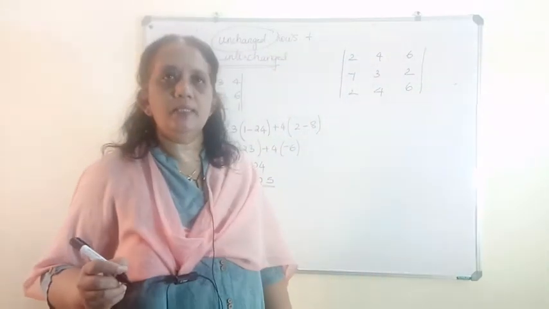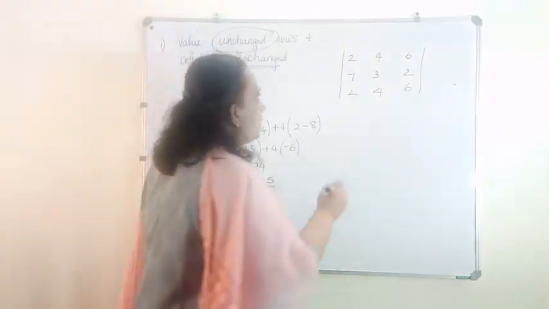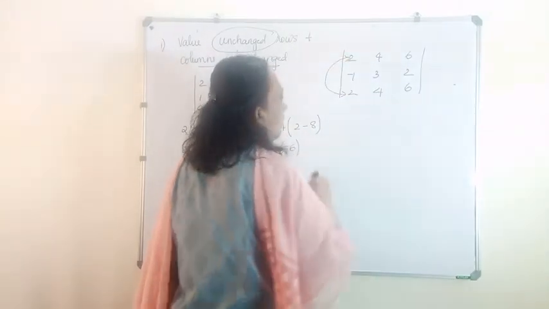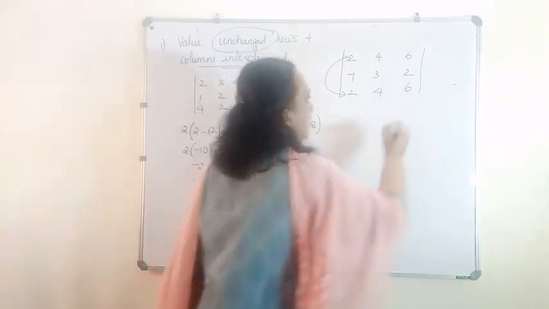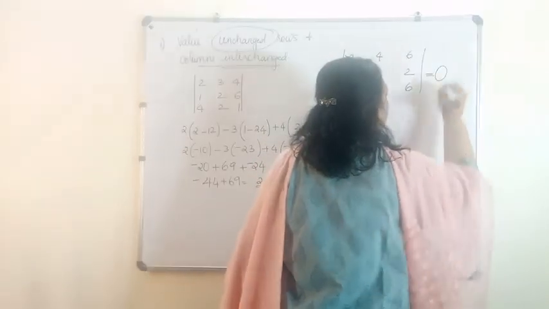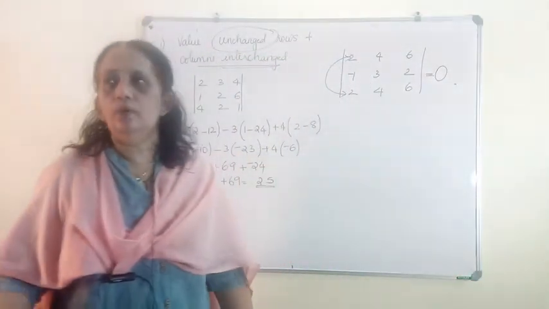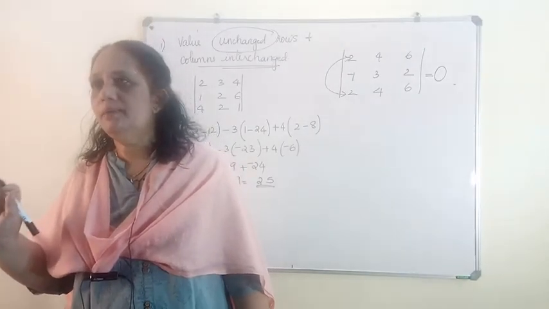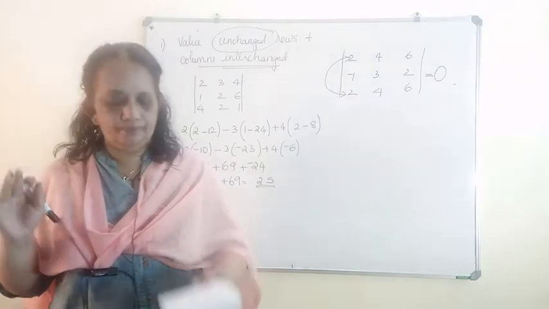You can expand this determinant and get the value. But instead of that, here you can see that these two rows are identical. That means the value of the determinant is equal to 0. No need to expand, but at once you can say that the value of the determinant is equal to 0.